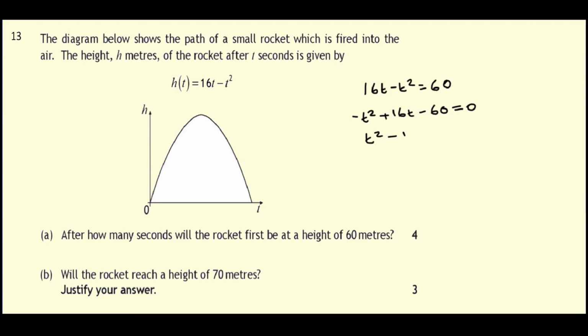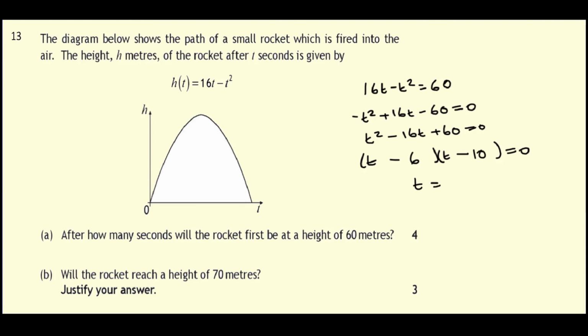So factorising that into two brackets, that's going to be t and t. Two numbers that multiply together to give you 60, add together to give you minus 16 would be minus 6 and minus 10. So that means that t is either 6 or 10, so t must be 6.